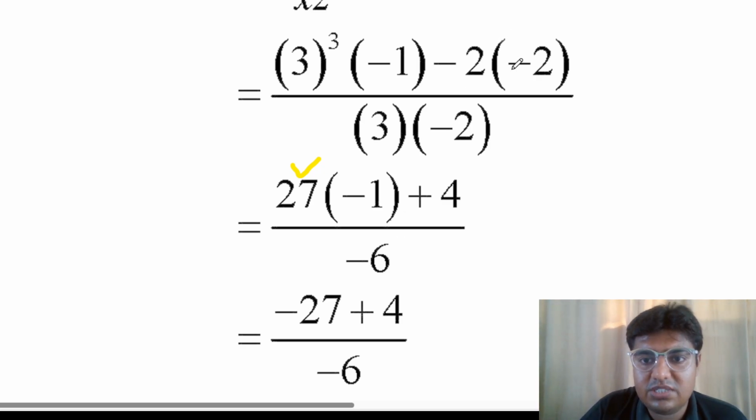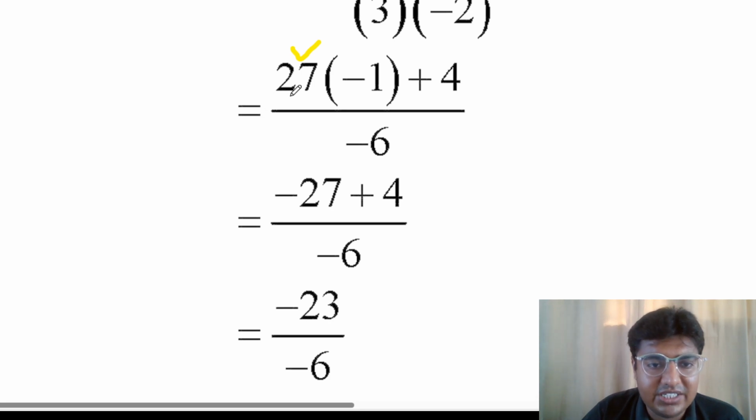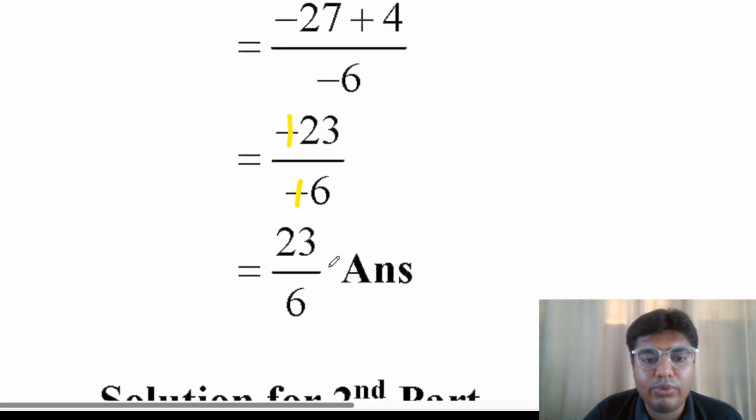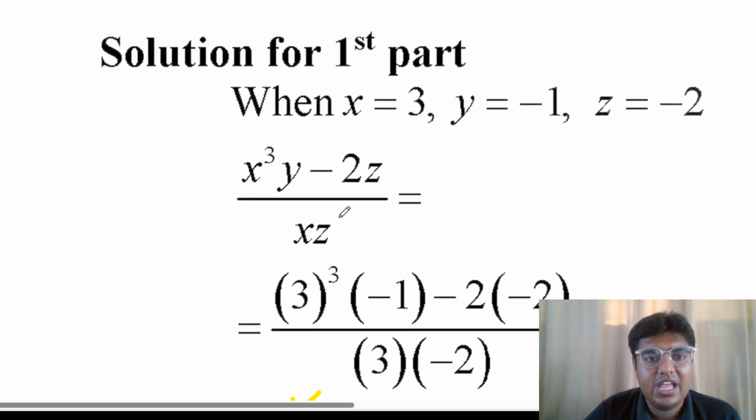Be careful about this. Minus minus plus, 2 multiplied by 2 equals 4. In the denominator, 3 multiplied by -2 will give you -6, and then 27 multiplied by -1 will give you -27, plus 4, and -23 over -6. Minus and minus is going to cancel, so 23 over 6 will be the answer. Excellent, good job.